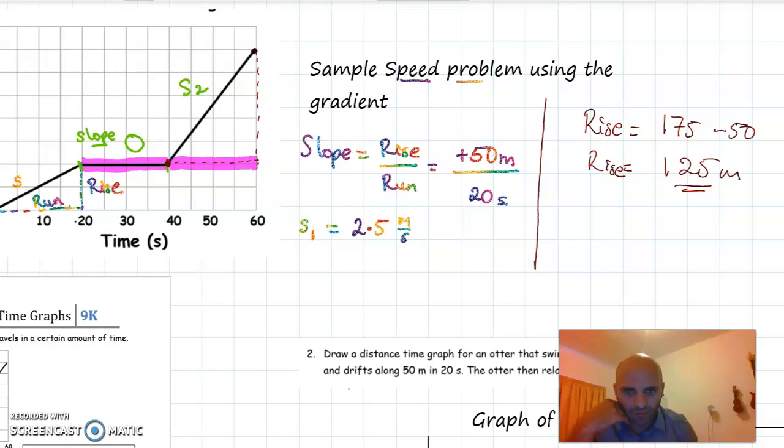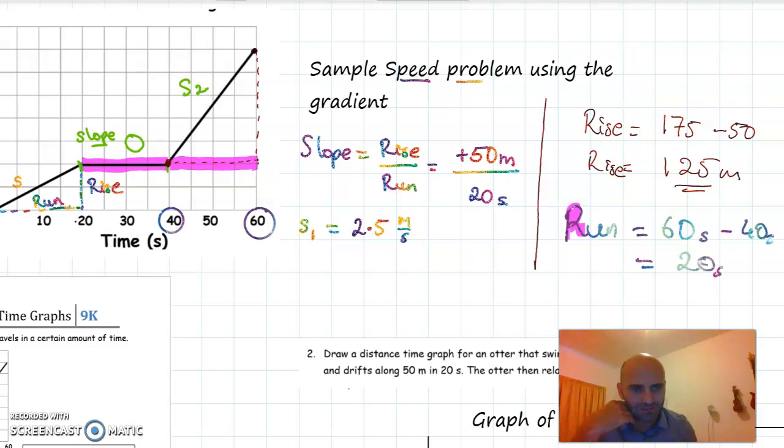Now in that time, by how much did the time run along? Well, it went from 40 up to 60, and again, let me just work that out, just to be on the safe side. I'll take the final time and subtract away the first time. So that's 60 seconds minus 40 seconds, which gives me a time interval of 20 seconds.